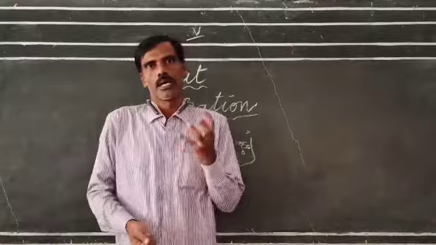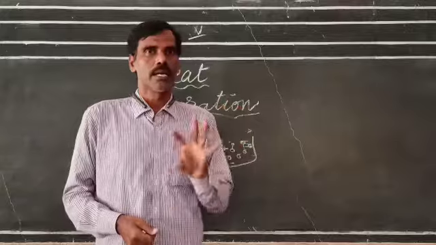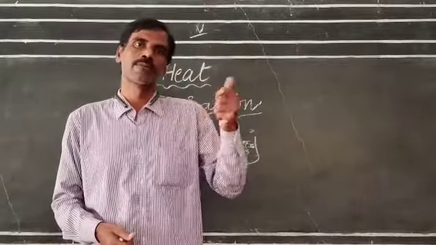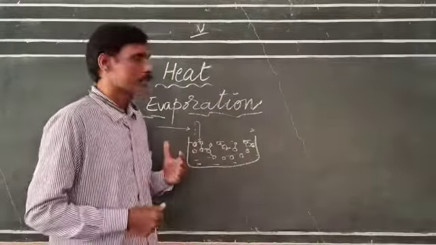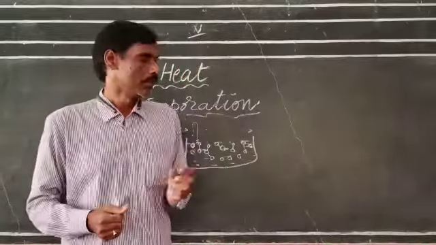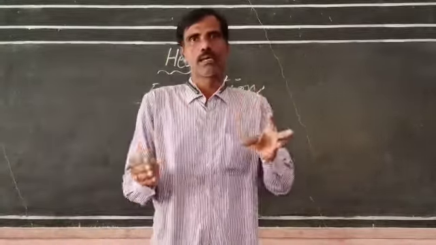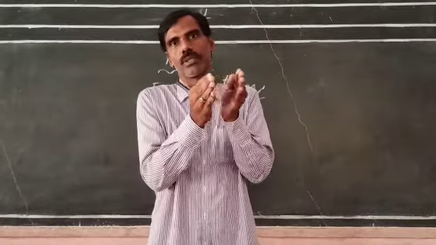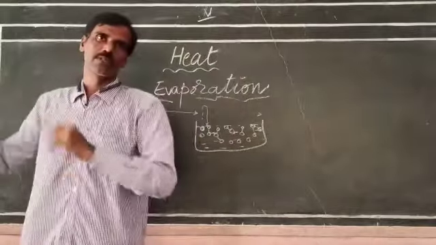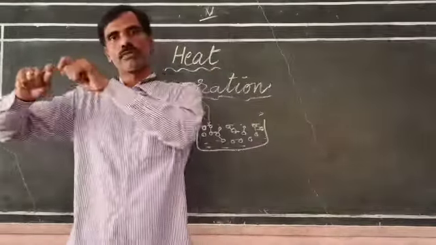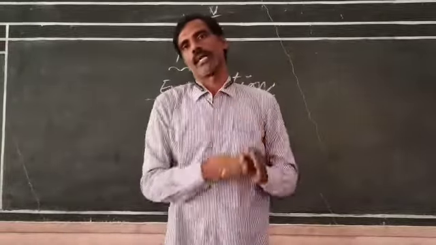On a sunny day the temperature is high, so the rate of evaporation is high and the clothes dry quickly. Similarly, for surface area, if you keep wet clothes closely to each other, and if you open a cloth and dry it, the opened cloth will dry quickly compared to the clothes kept closer.